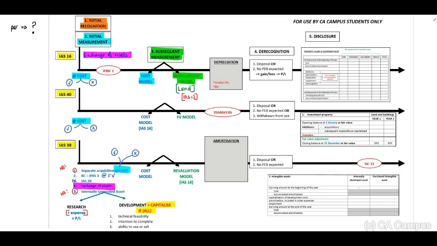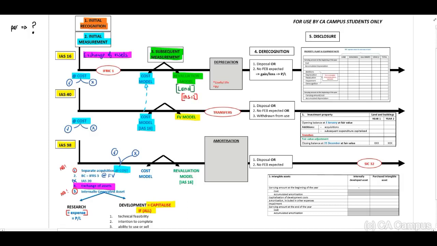Now, let's move on to IAS 40. IAS 40, investment property. IAS 40 indicates to us that investment property can either be measured at cost model, and then it is important that you know that you will have to follow your principles of IAS 16, or based on our fair value model.